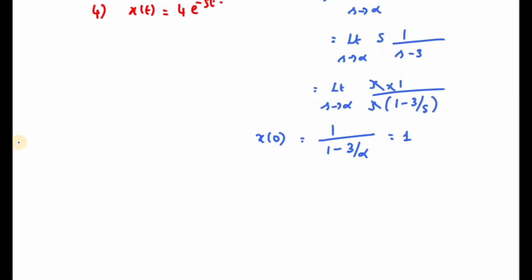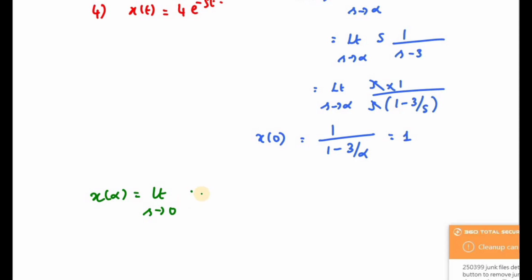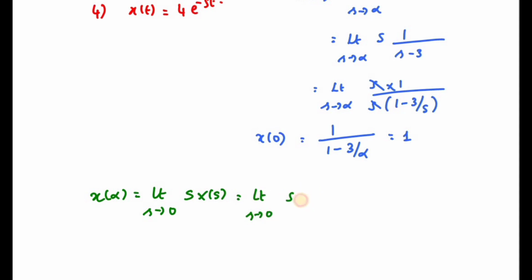The next step is to find the final value x of infinity, that is equal to limit s tends to 0 of s into x of s. I'm going to substitute limit s equal to 0, s into 1 divided by s minus 3. Here you can see this pole s is equal to 3 lies in the right half of the s plane.